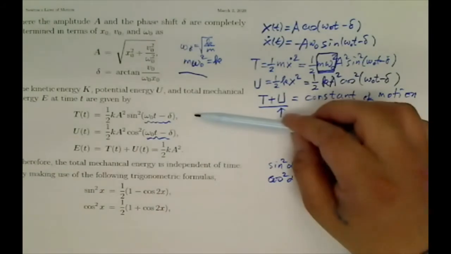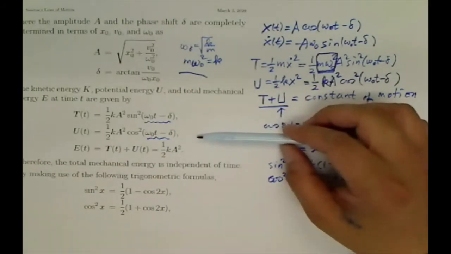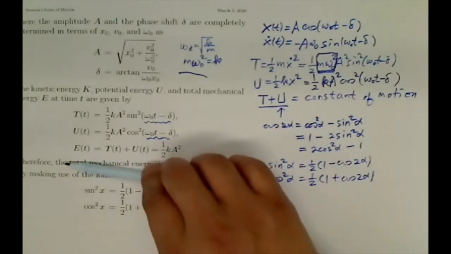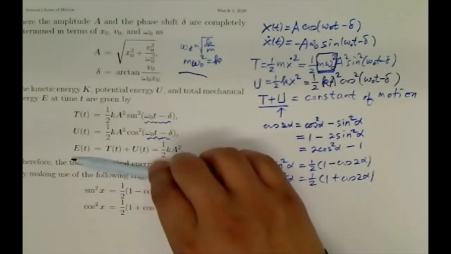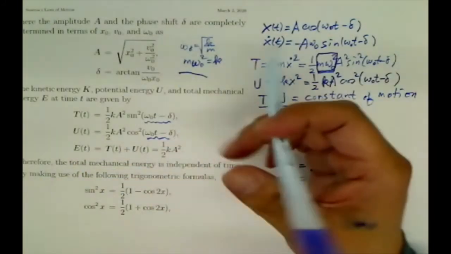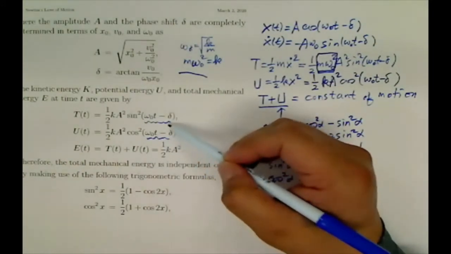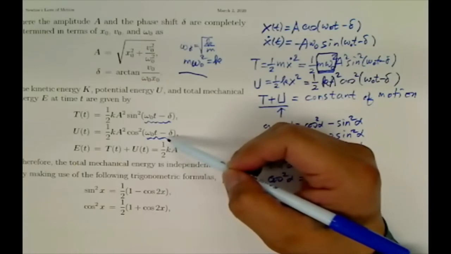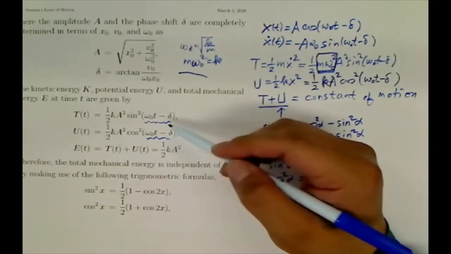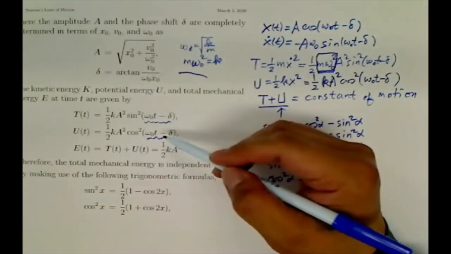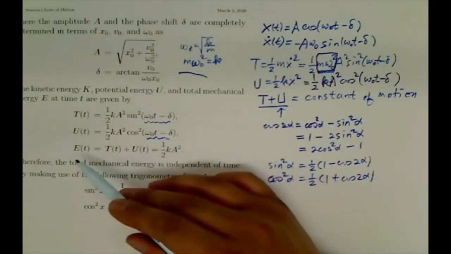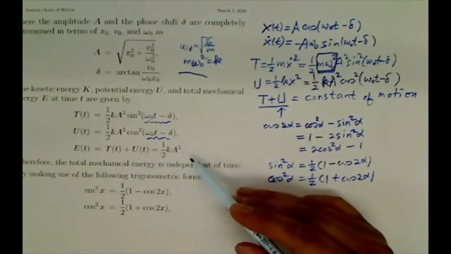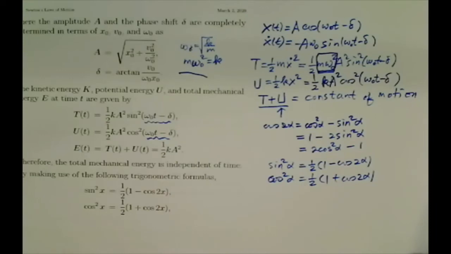Therefore, the kinetic energy and potential energy can be summed to obtain the total mechanical energy. As you can see, these arguments are the same. Sine squared plus cosine squared with the same argument gives 1. Therefore, the total mechanical energy is 1/2 ka squared.